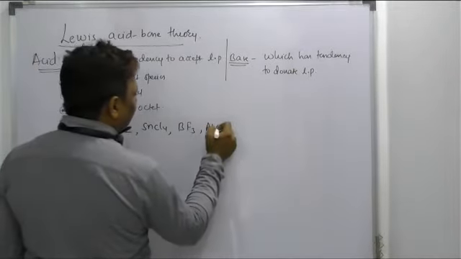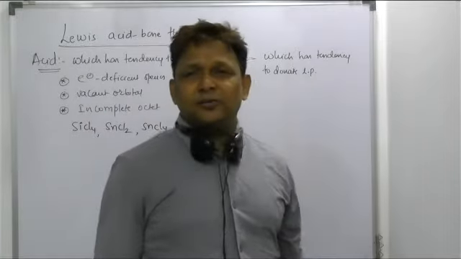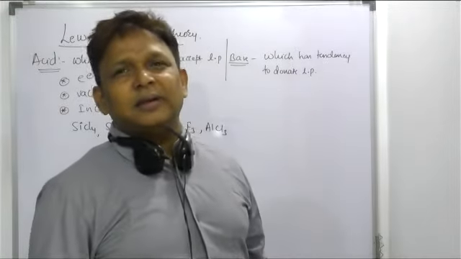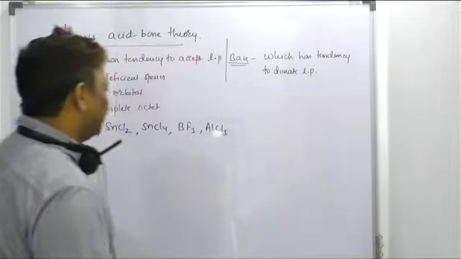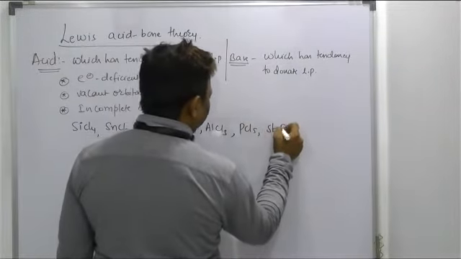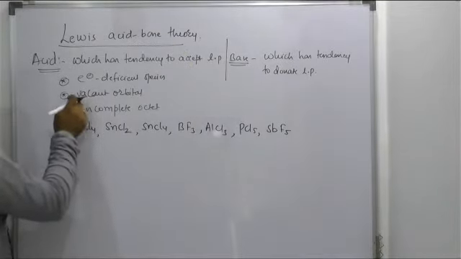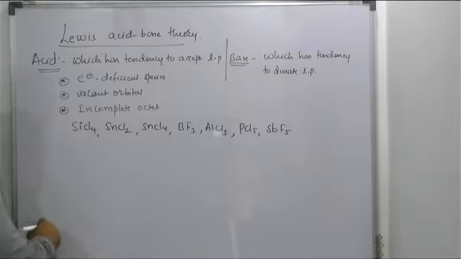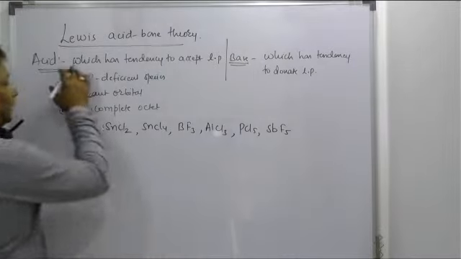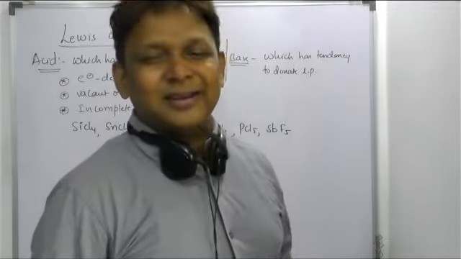Aluminium chloride, electron deficient, acts as a Lewis acid. Phosphorus pentachloride, xenon hexafluoride, SbF5. They all are either electron deficient or have a vacant orbital somewhere, or an incomplete octet, and they behave as Lewis acids. Is that clear beta?